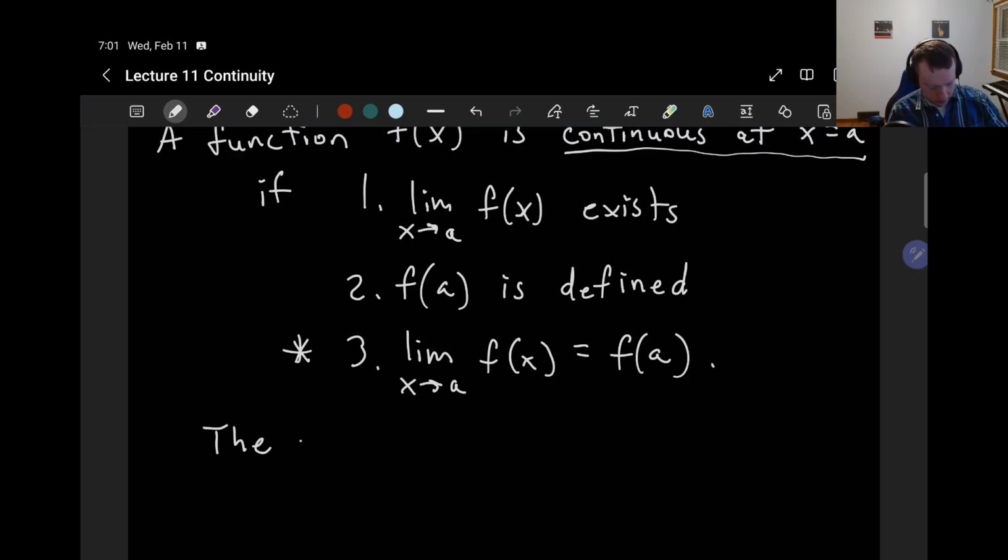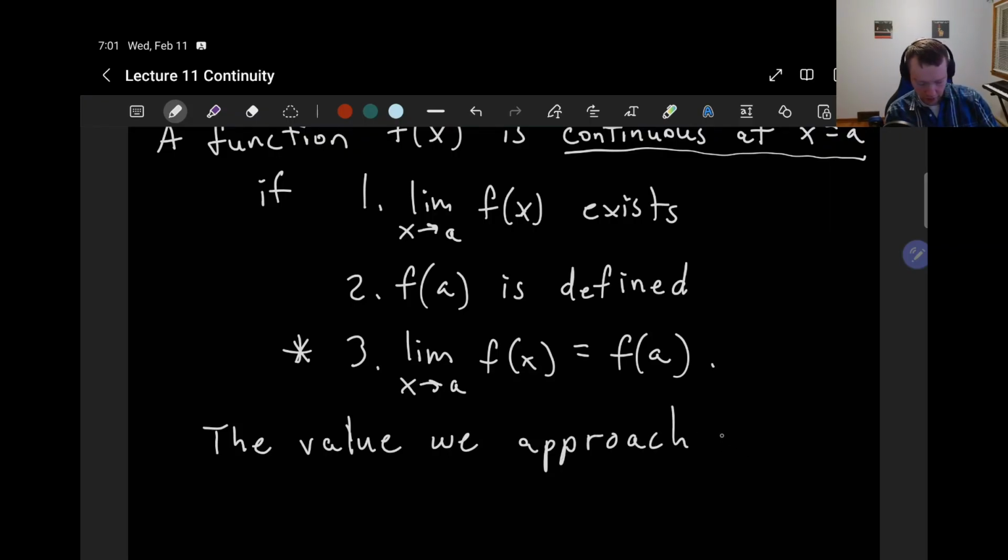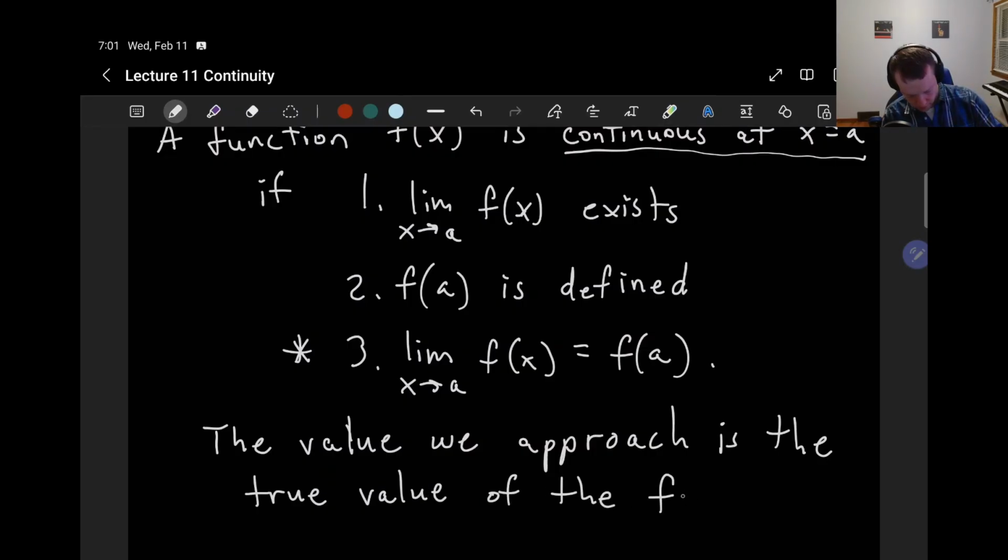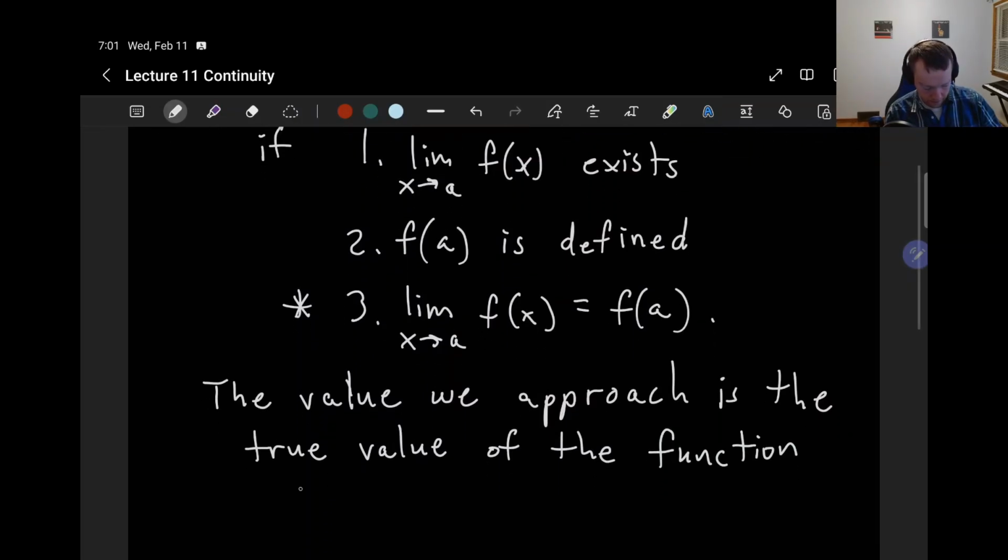So in other words, the value we approach, that is the limit, is the true value of the function at x equals a.